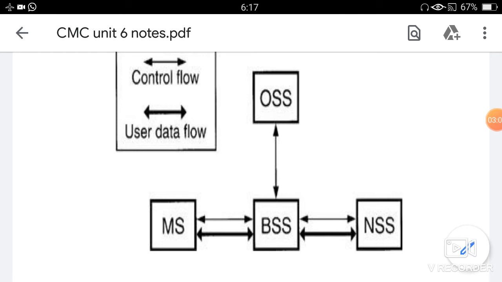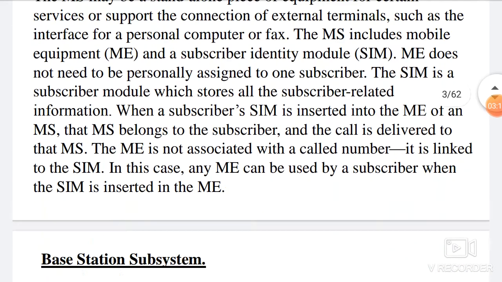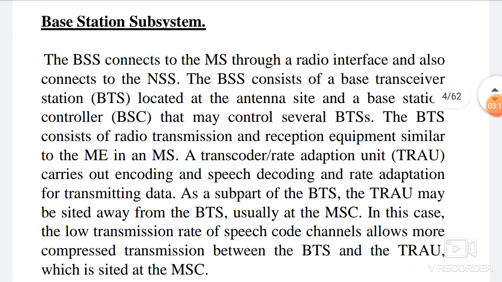The BSS consists of a base transceiver station, which we are going to call BTS, located at the antenna site, and a base station controller that may control several BTSs.